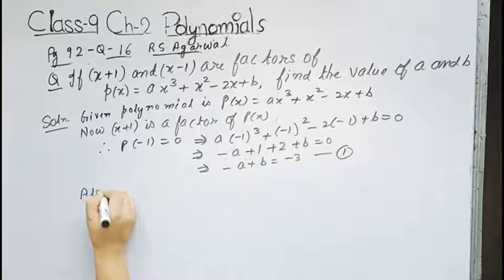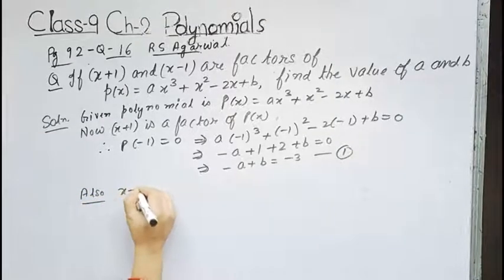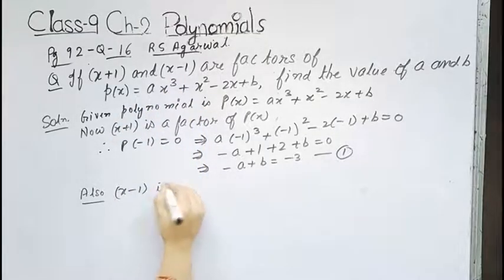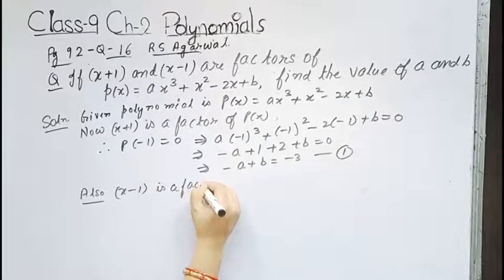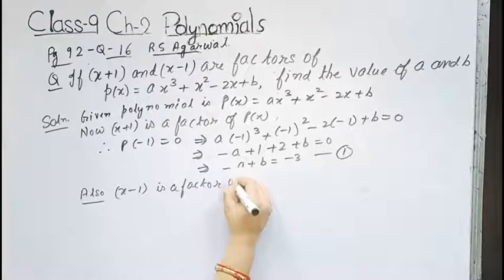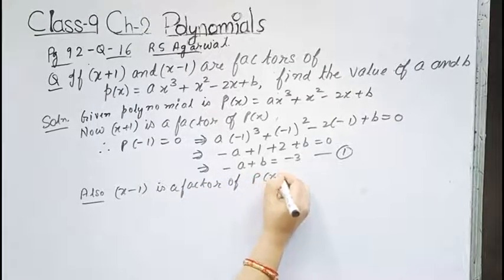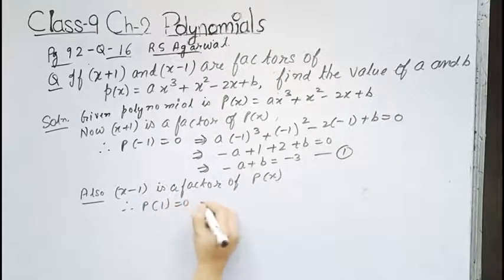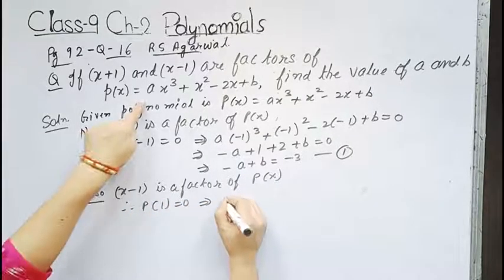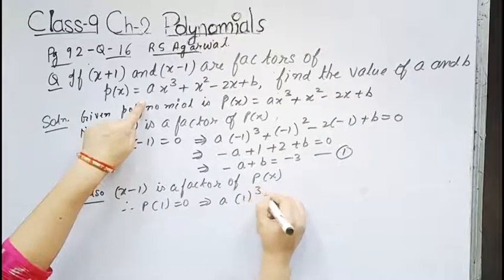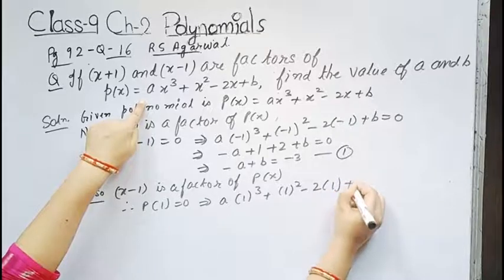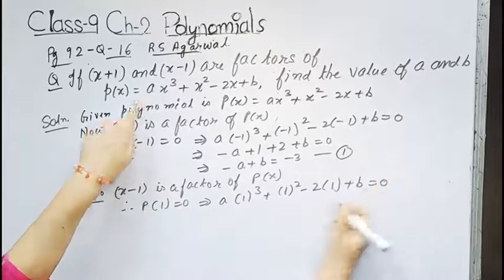Also, x minus 1 is a factor of p(x). Therefore, p(1) equals 0 implies a into 1 cube plus 1 square minus 2 into 1 plus b equals 0.